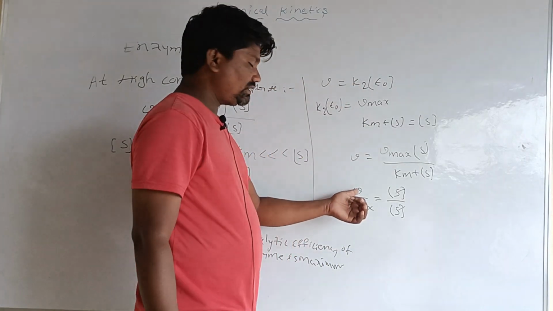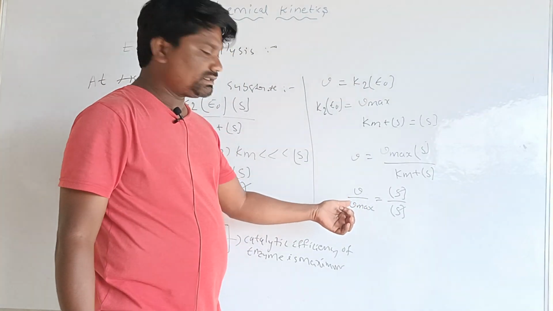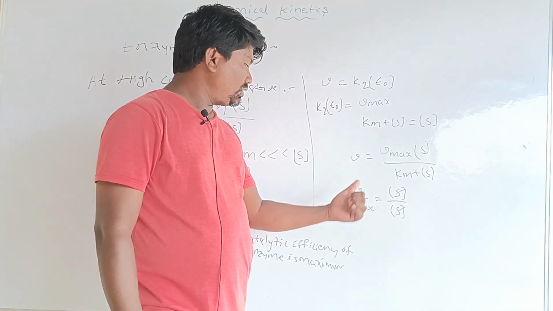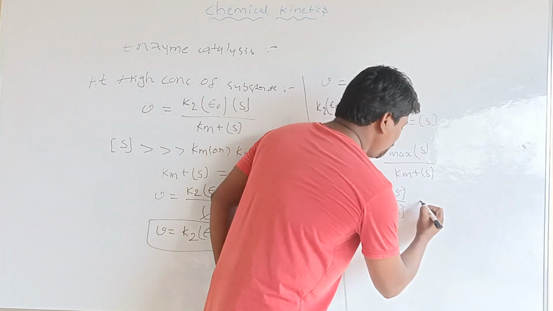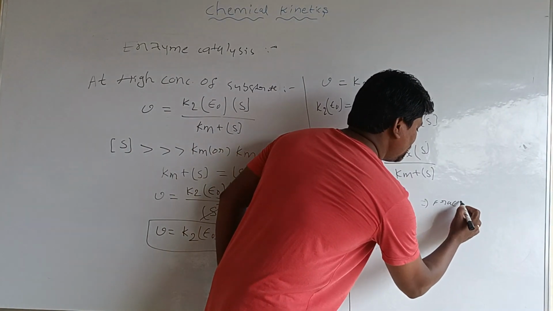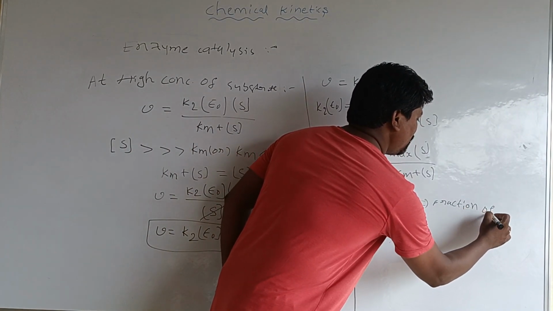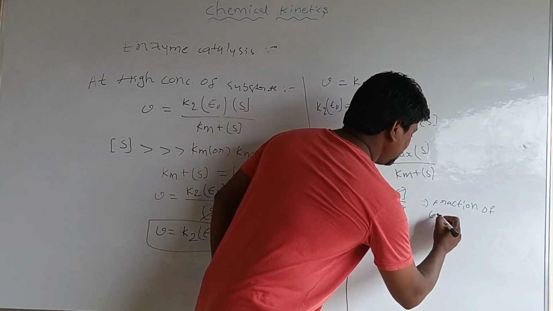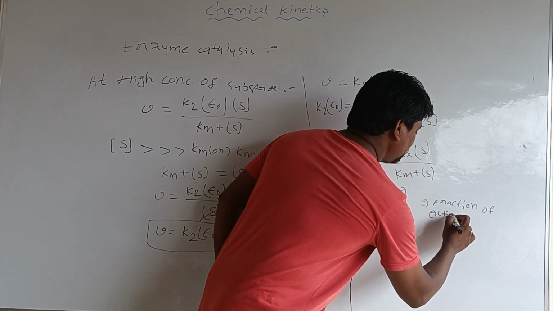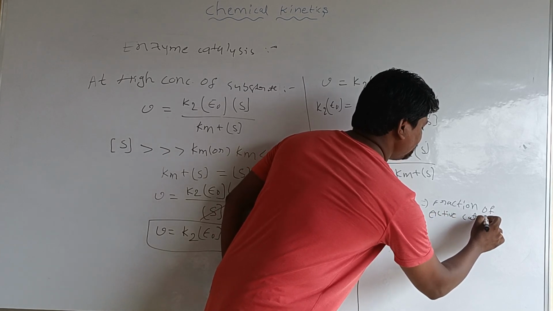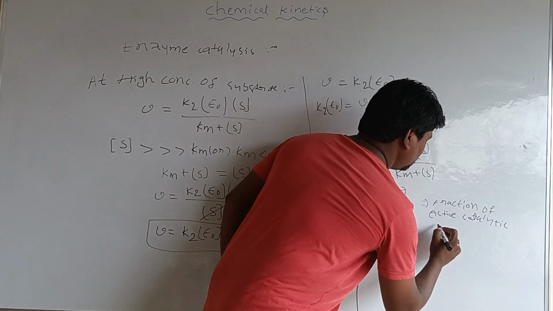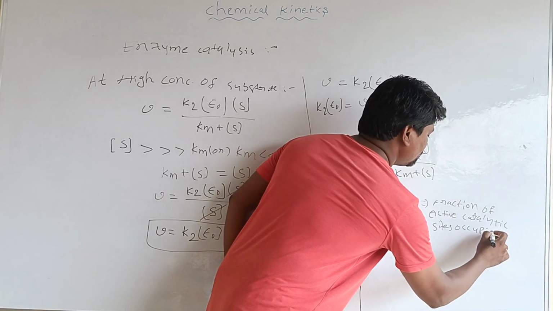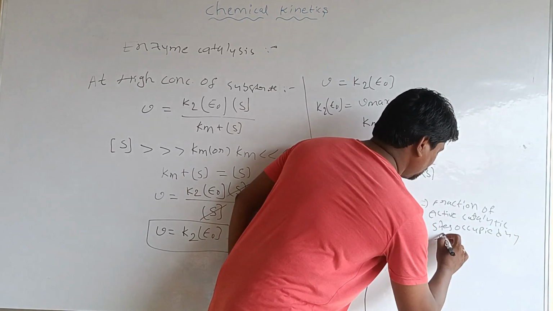Mu by mu maximum is nothing but the fraction of active catalytic sites occupied by the enzyme.